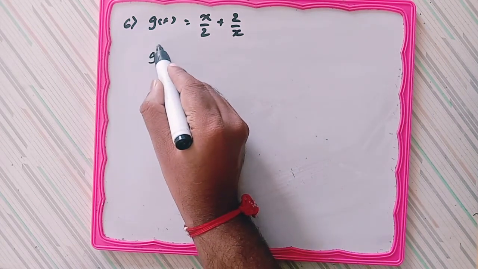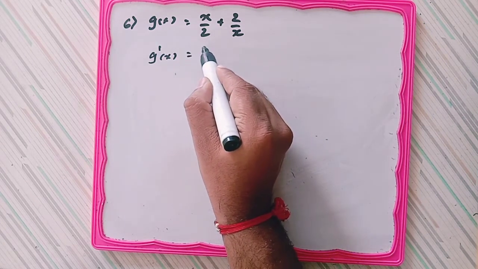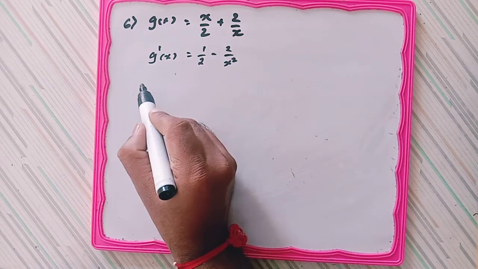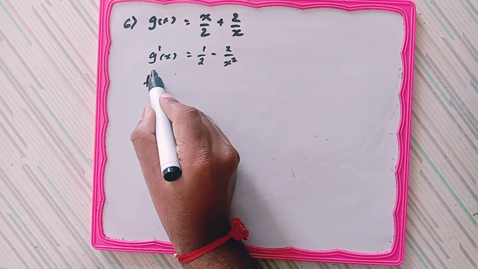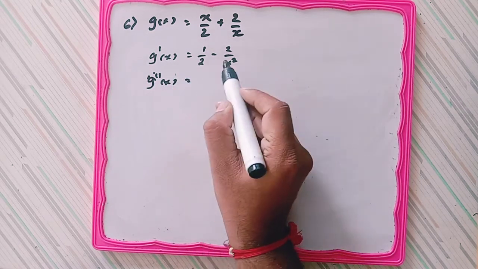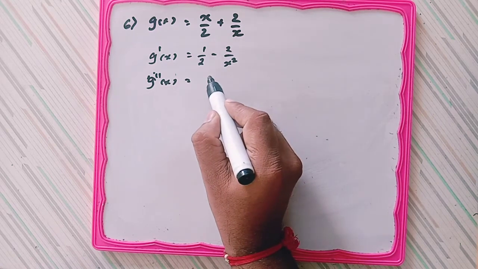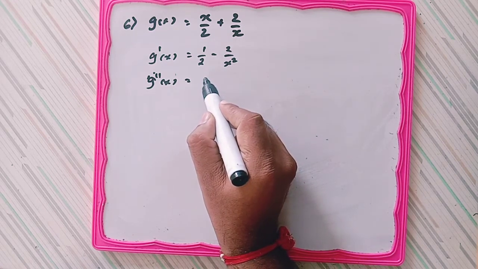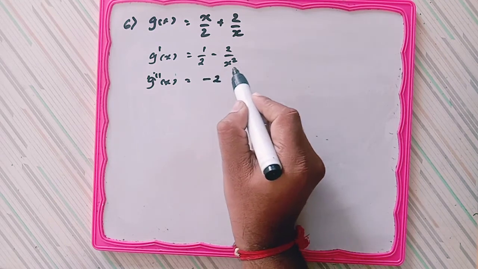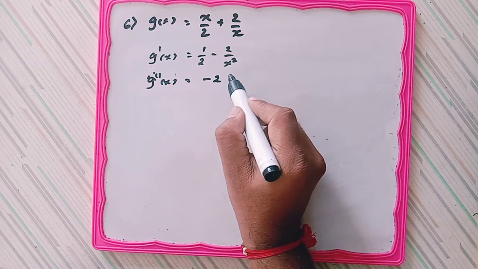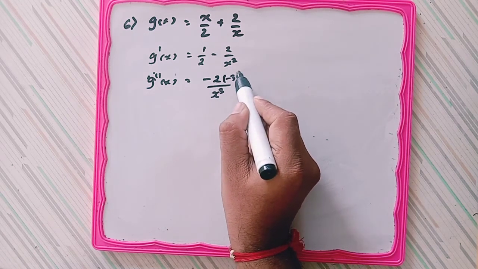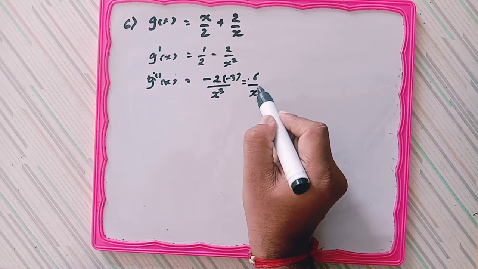So g dash x we will have 1 by 2 minus 2 by x square, and g double dash x we will have 0, and here minus 2, and x raised to minus 2 differentiation we can read x cube, and here into minus 3, so 6 by x cube.